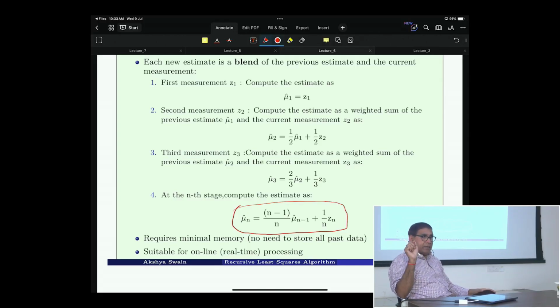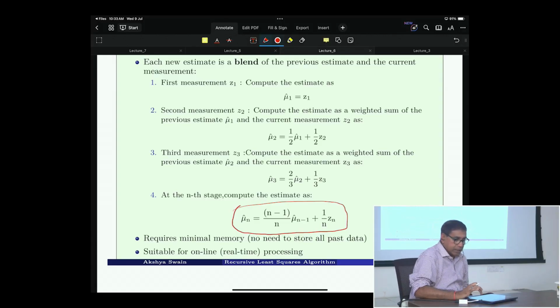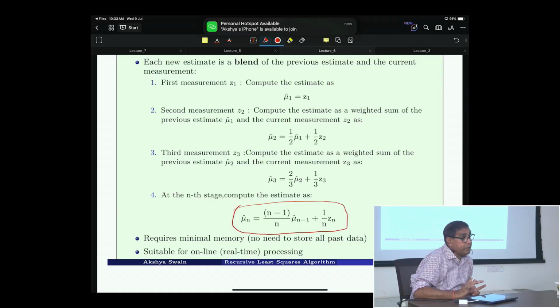Because each time instant, when data is coming, I will estimate the parameters and design the controller. We'll see. Again I am repeating the point: all the batch processing algorithms can be made recursive, or online estimation, real-time estimation, the same thing.